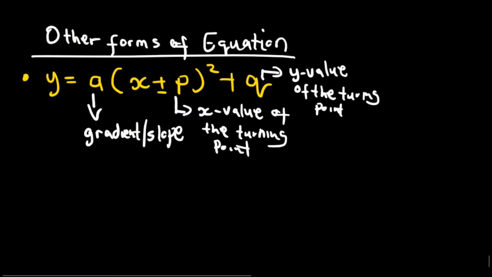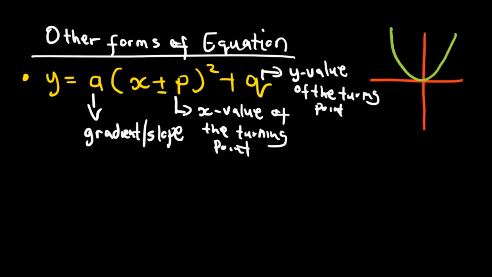So what do I mean by that? So you have in your graph here, let's say, it looks more like this one. So now this graph here has a turning point at the origin. So the turning point, what we mean is, the graph starts from a certain value of infinity and then it goes down up until it reaches this point here.